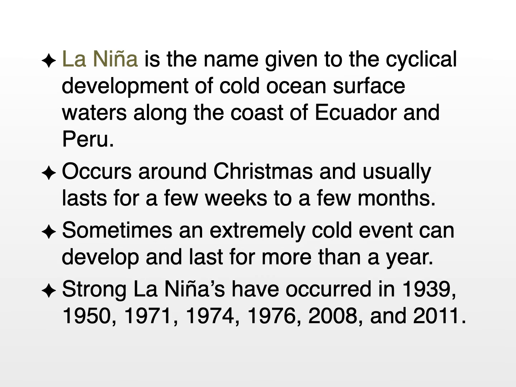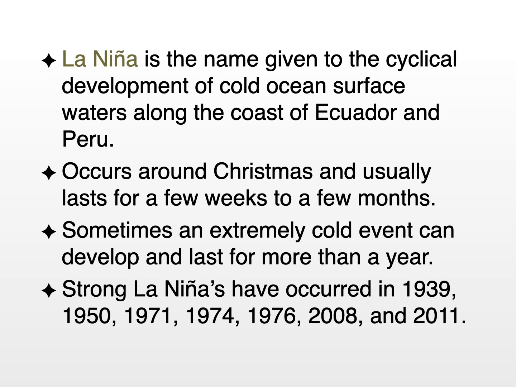La Nina is the name given to the cyclical development of cold ocean surface waters along the coast of Ecuador and Peru. Once again, it occurs around Christmas, usually lasts for a few weeks to a few months, but extreme events can last for more than 1 year, sometimes up to 2 years.